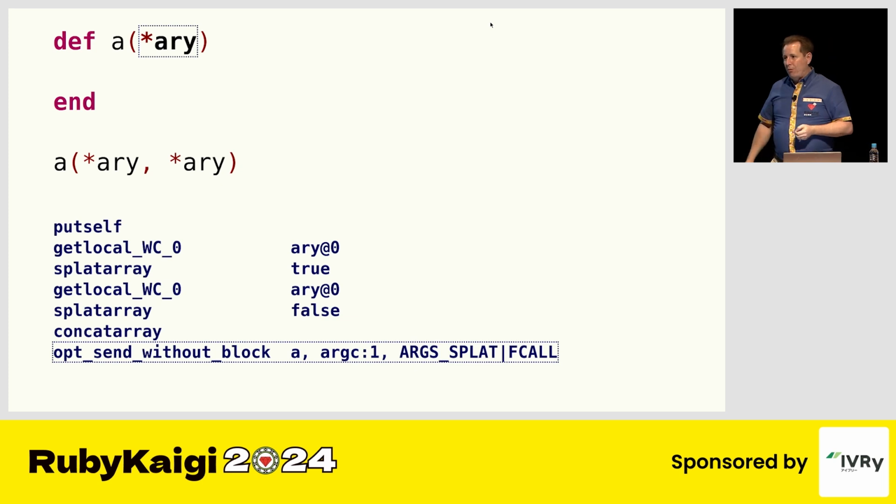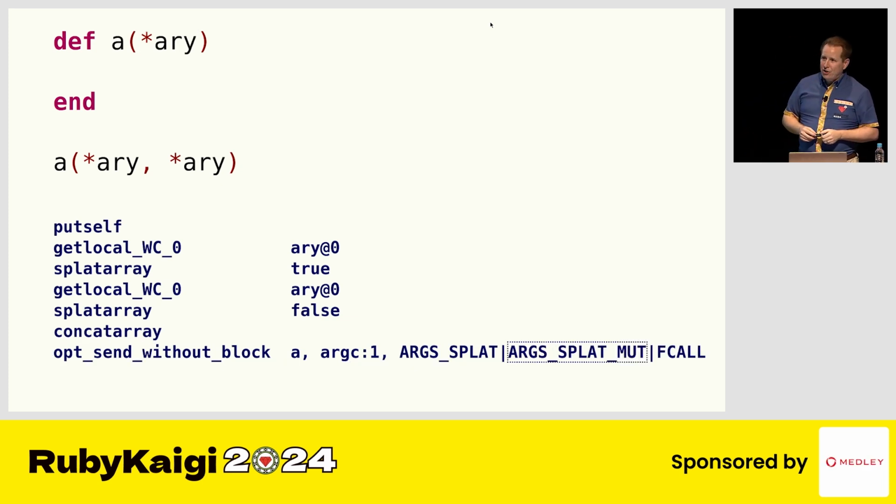So I first worked on removing this unnecessary allocation. To eliminate this allocation, I added an argsplat mute call info flag. And this call info flag is what allows the caller to tell the callee that, hey, I've already allocated a new array for the positional argument splat, you can use it directly.